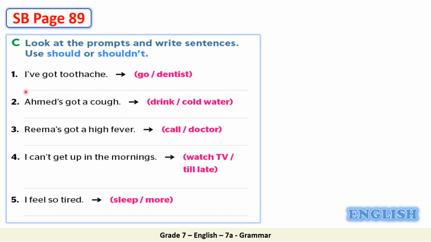I will work out the first one for you as a model example. 1. I've got toothache. And here you have the prompts, go dentist. What should you do when you have a toothache? You should go to the dentist. Now kindly pause the video and try to work it out.